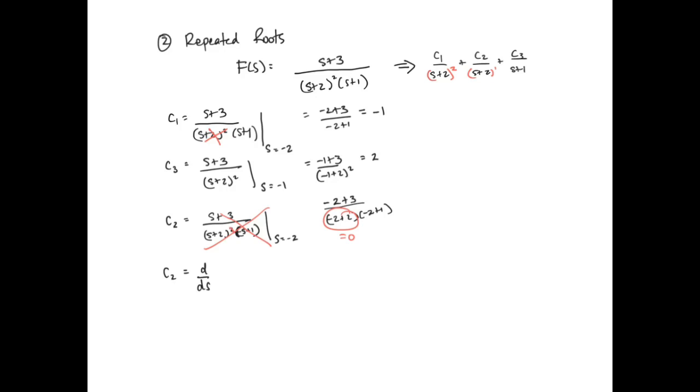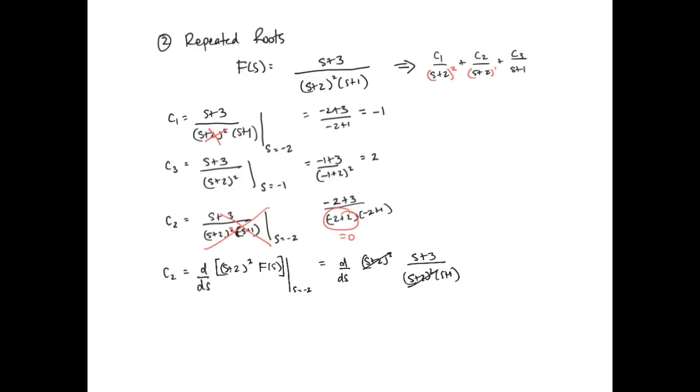In this case, it would be s plus 2 squared times f of s, evaluated at s equals minus 2. This looks complicated, but it's not too bad. So this is equal to the derivative with respect to s of s plus 2 squared times our function, which was s plus 3 divided by s plus 2 squared times s plus 1. These will always cancel out.